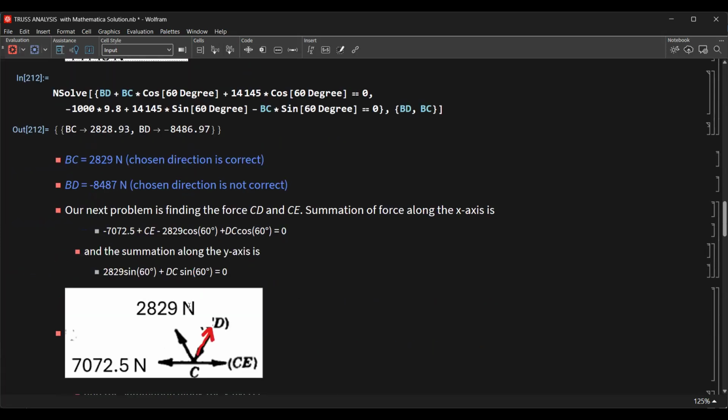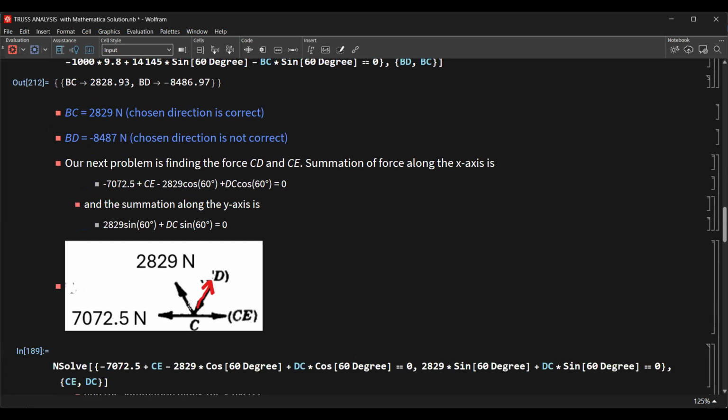So our next problem is finding CD and CE. We have 7,072.5 newtons, so that is negative, directed to the left. And we have CE directed to the right, so that is positive. And negative 2,829 cosine 60 degrees is directed to the left here. Then DC cosine 60 degrees, the x component of DC here, is positive.